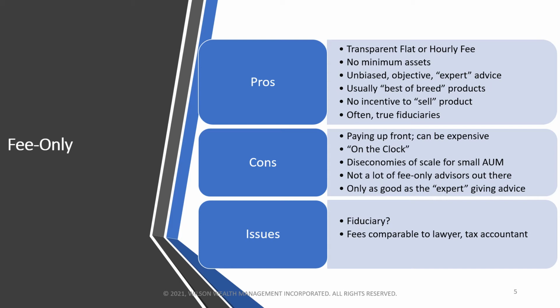All we're looking for is the best fit for your needs on a cost-effective basis. And likewise, there's no incentive for me to sell product. All I'm doing is providing expertise in exchange for compensation. Since I'm not getting any money from anybody else, I don't really care what we buy.